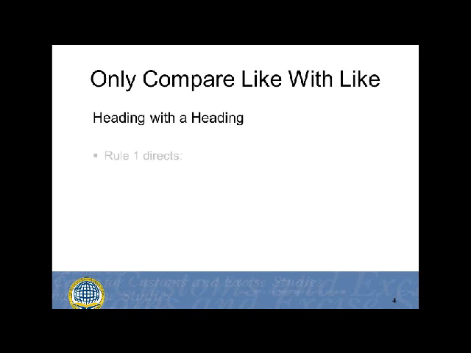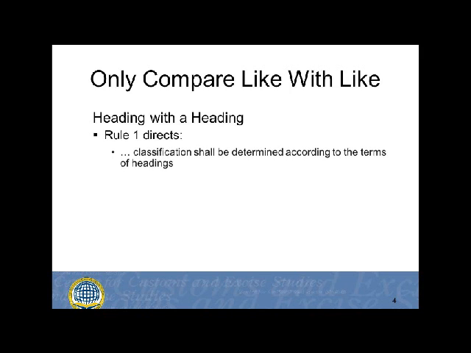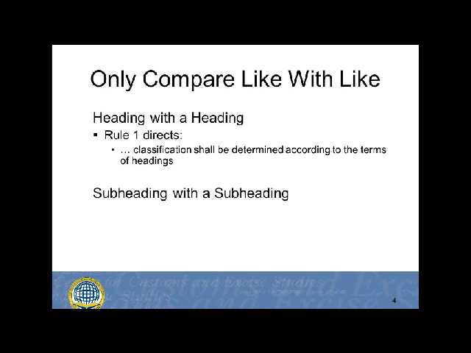Why is that? Rule 1 of the interpretive rules gives us the answer. It is the second part of Rule 1 that is the important factor. In part, it directs that the classification of goods shall be determined according to the terms of the headings.